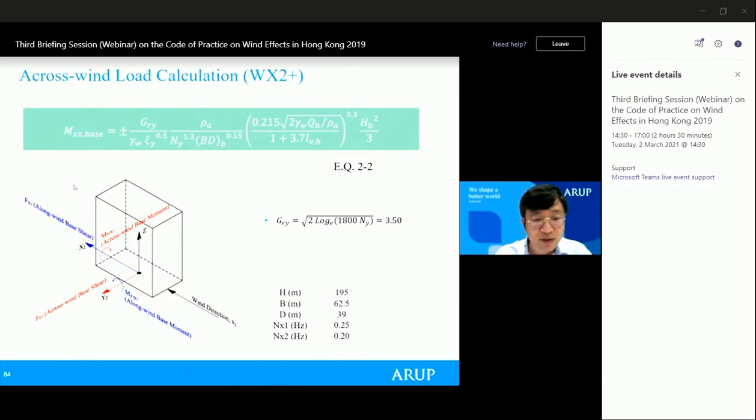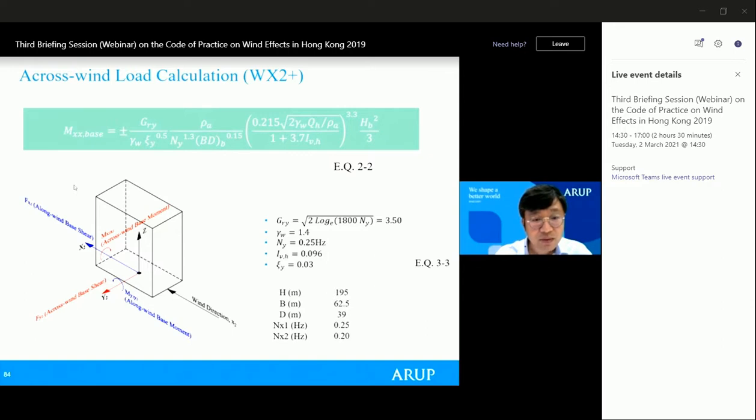So this is calculated as 3.5 in our case. And the load factor taken as 1.4, natural frequency 0.25. And turbulence tested at the top of building, that is 0.096. Then the damping ratio for the WX2 direction is about 3%.